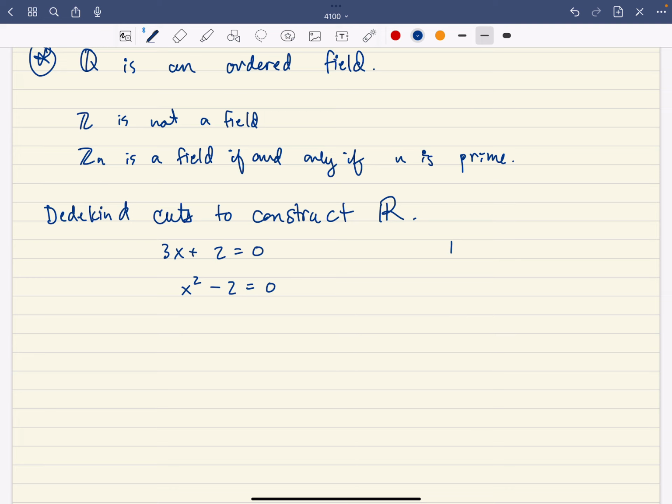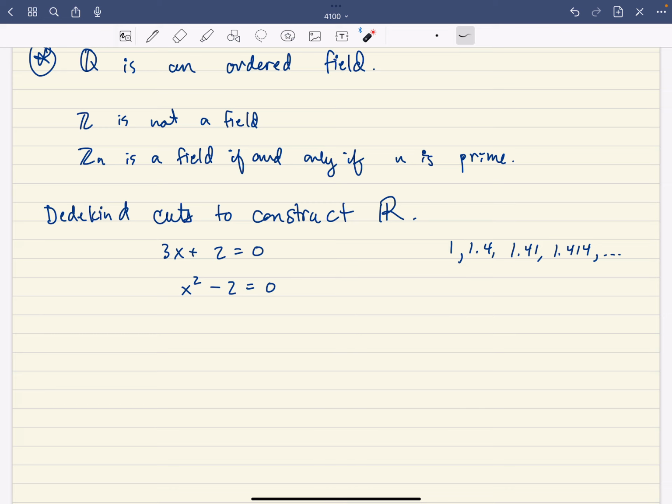If I take the limit of the sequence 1, 1.4, 1.41, 1.414, and each step I'm getting closer to the square root of 2, when I take the limit of a bunch of rational numbers, I get a number that's outside the rationals. And that's a problem called incompleteness.